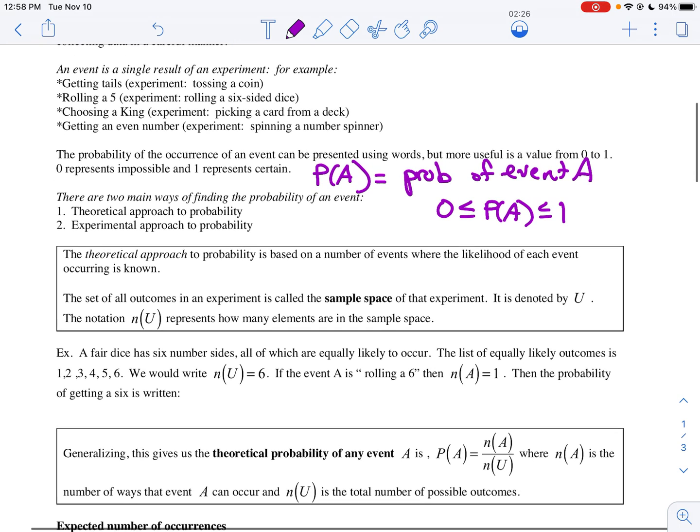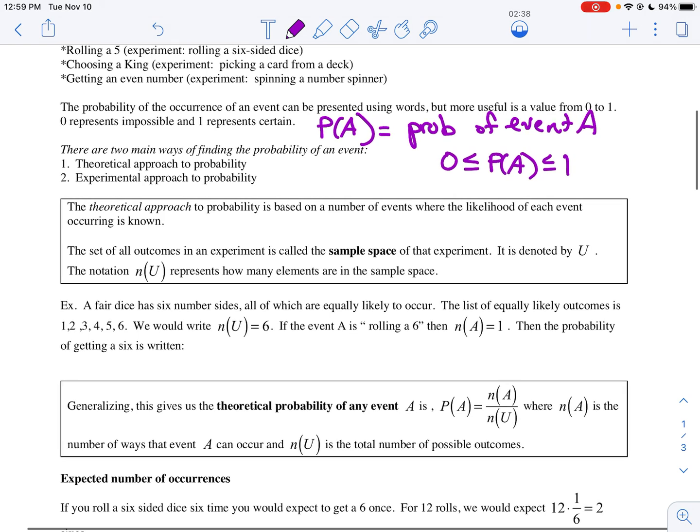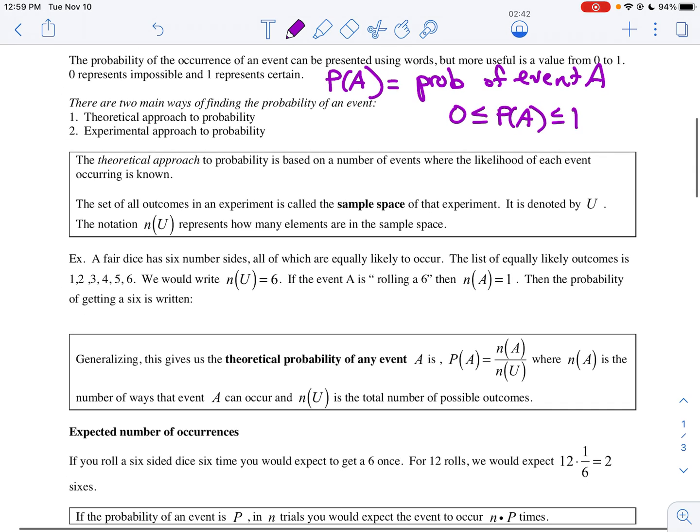The theoretical approach to probability is based on a number of events where the likelihood of each event occurring is known. The set of all outcomes in an experiment is called the sample space of that experiment. It is denoted by a capital U. The notation N of U represents how many elements are in the sample space. So here's an example.